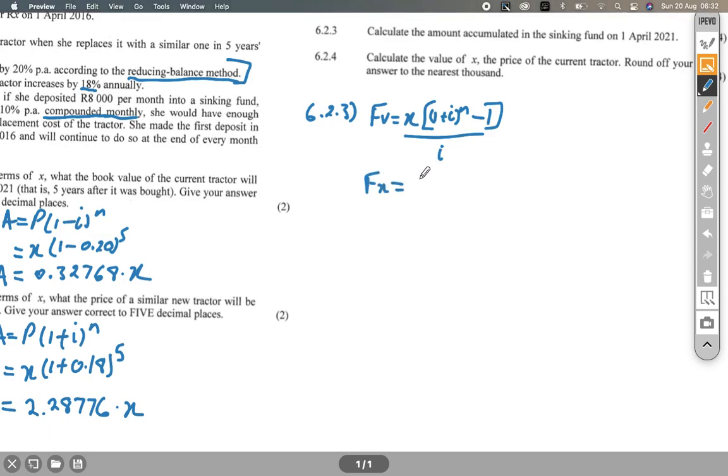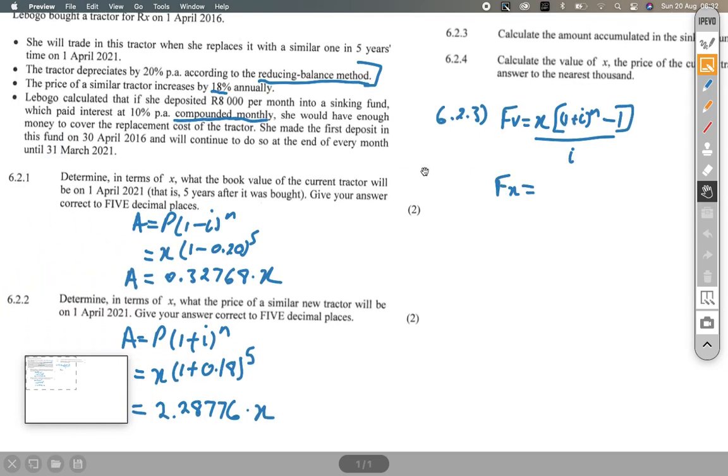Okay, now they said monthly deposits of 8,000 rands per month.